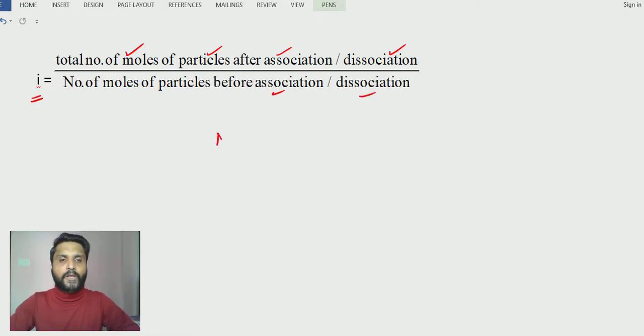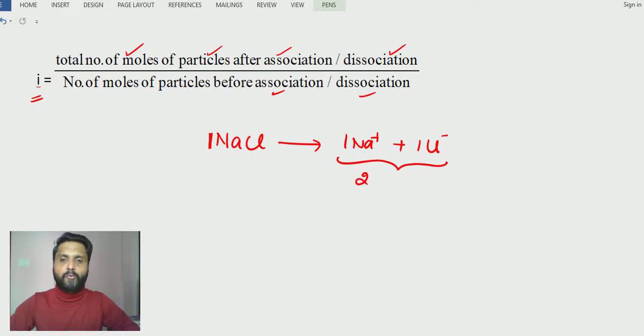Let me take sodium chloride. If I dissolve 1 mole of sodium chloride in water, this will produce 1 mole of sodium ions and 1 mole of chloride ions. Therefore, after dissolution, 2 moles of ions are produced, correct? This is the meaning of the amount of solute particles present after dissociation.